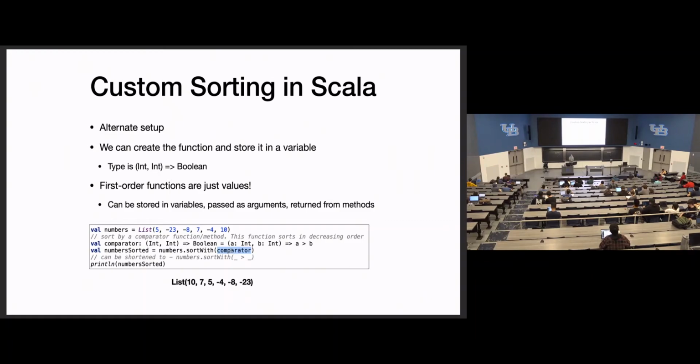So if this is a list of doubles, take 2 doubles and return a Boolean. If it's a list of strings, 2 strings and returns a Boolean. If it's a list of maps of strings to doubles, then it's got to take 2 maps of strings to doubles and return a Boolean. It has to match the type parameter of the data structure that we're sorting. This is a list of ints, so we'll give it a comparator of 2 ints.